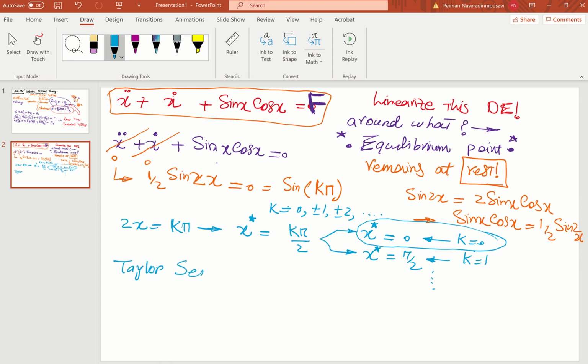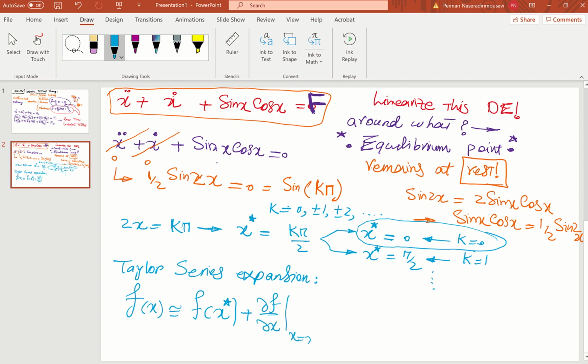By having that, using the Taylor series expansion, if you have a nonlinear term, you can linearize around the equilibrium point of that system: f at the equilibrium point, plus the partial derivative of f over partial x at the equilibrium point times (x minus x star), plus 1 over 2 factorial the second partial derivative of f over partial x square at x star times (x minus x star) squared, plus forever.